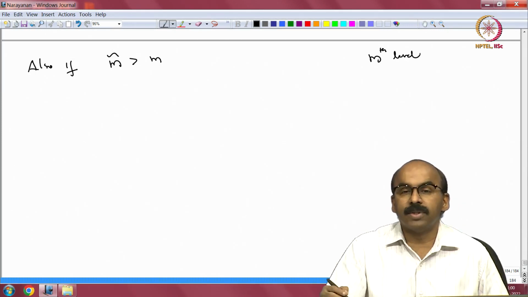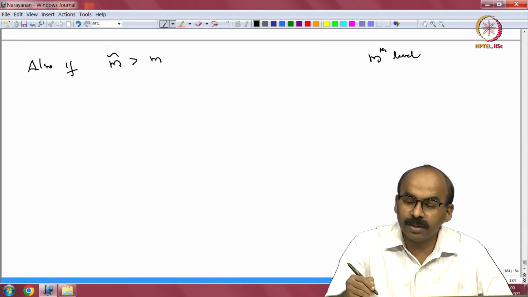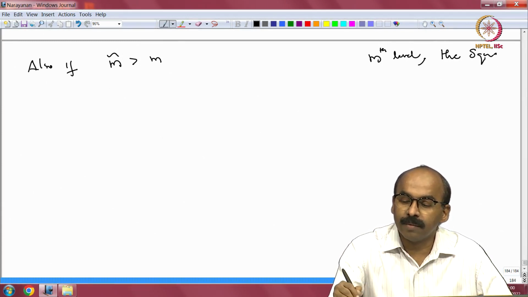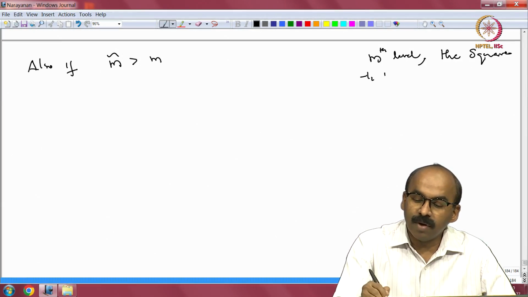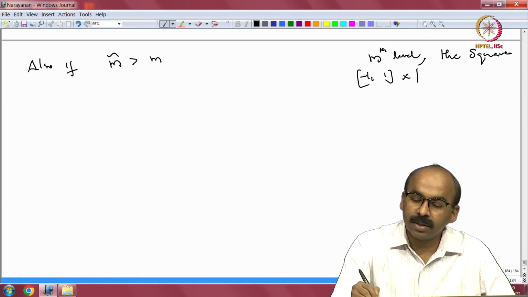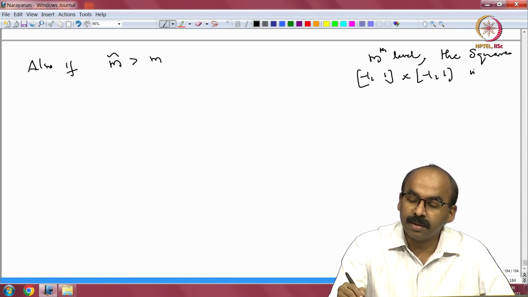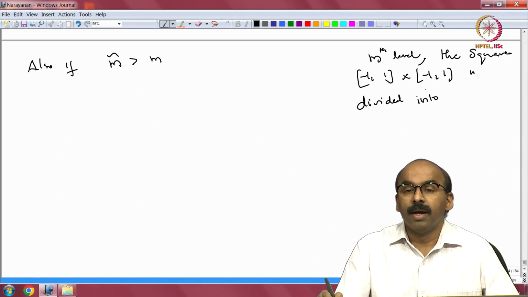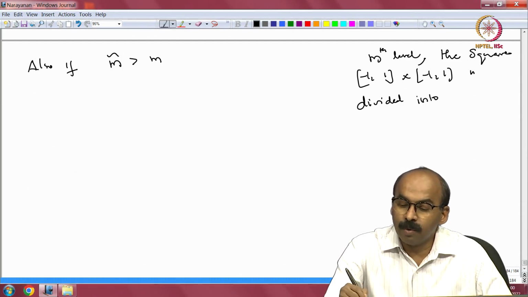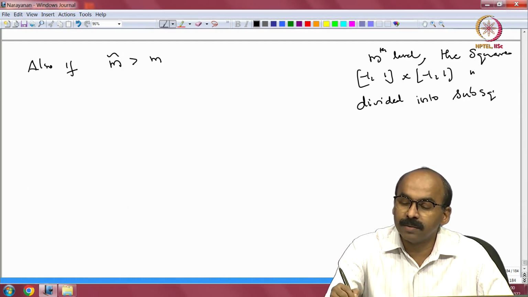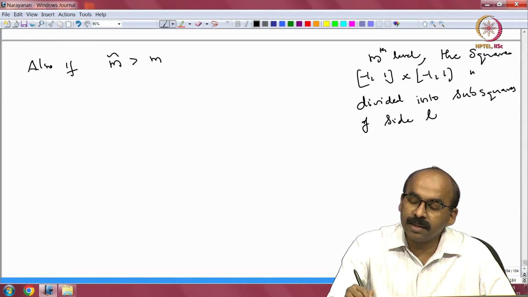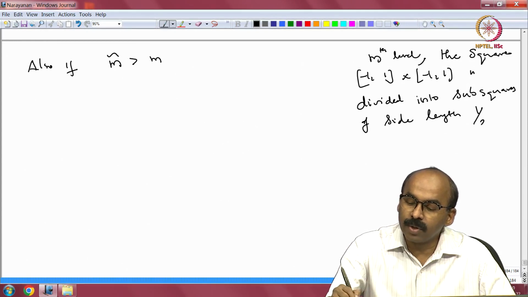What is the decomposition of this square? The square minus 1 to 1 cross minus 1 to 1 is divided into sub squares of side length 1 by 2 to the m.